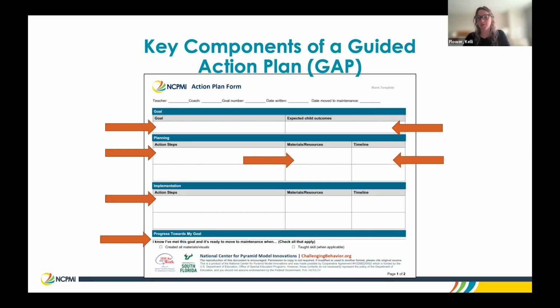Yes. I have taught the skill. Yes. So I love this piece because it says that they're ready to move to maintenance and not just my goal is complete. That means they're still going to be working on it, but our focus for our observations won't be on this particular goal anymore.